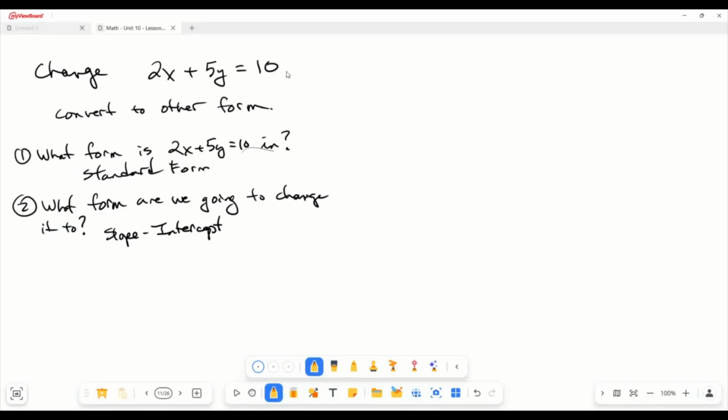We're in standard form because we have AX plus BY equals C, and the X term is positive. It's in standard. Now we want to move it to slope-intercept.